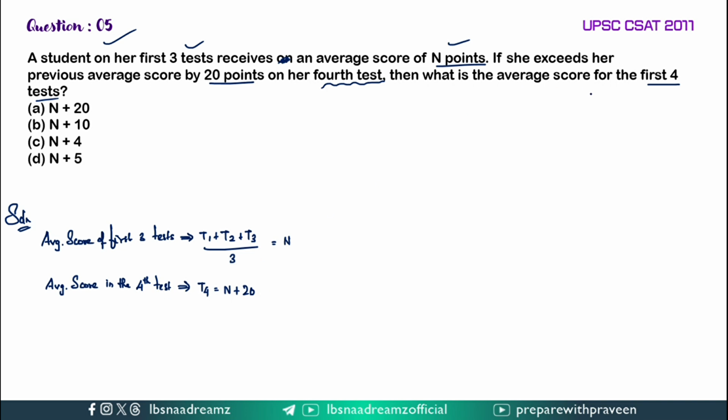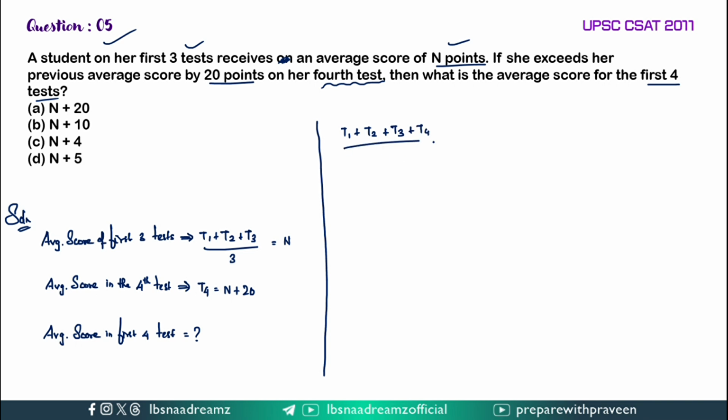Now we have to find the average score of the first four tests. Average score in first four. To find the average score in the first four tests, T1 plus T2 plus T3 plus T4 by 4, this is unknown.